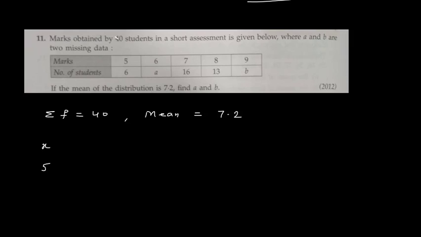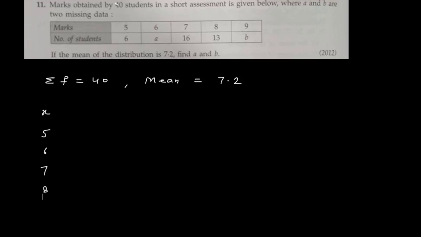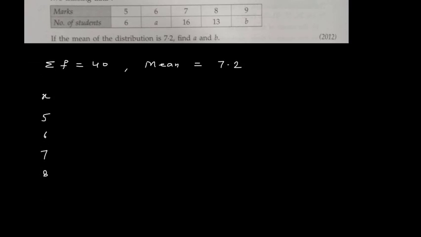It is 5, 6, 7, 8 and 9. This is x. Then the values of frequency. Frequency is 6, A, 16, 13 and B. This is frequency.